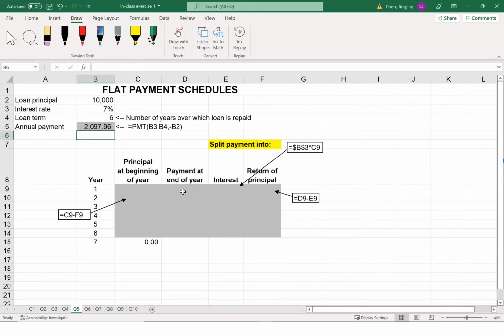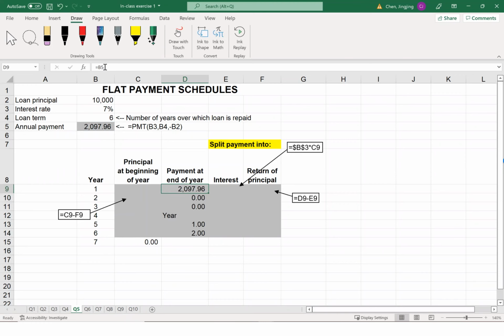So that means we need to pay this payment for each of those following years. So I'm gonna enter the payment at the end of the year first to equal cell B5. I select enter. Now if I drag it, it's not gonna equal $2,097 every year because it actually will go down to the cell below.